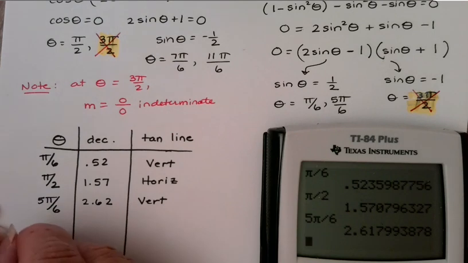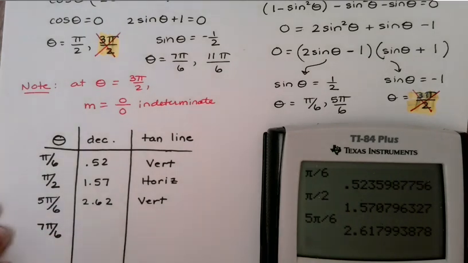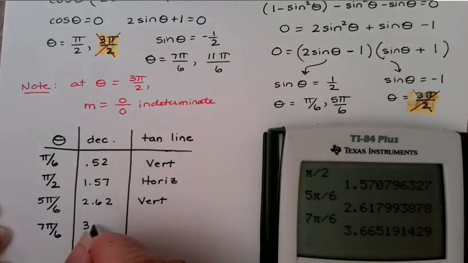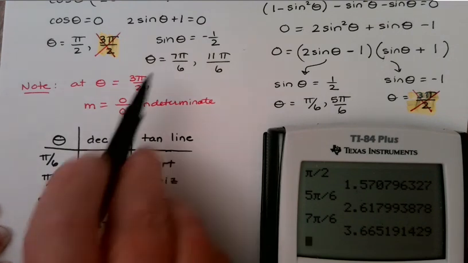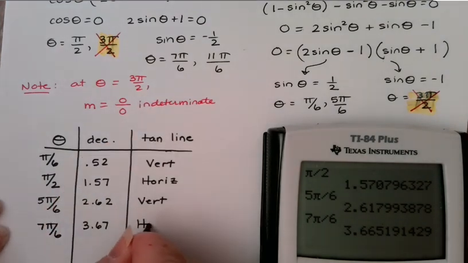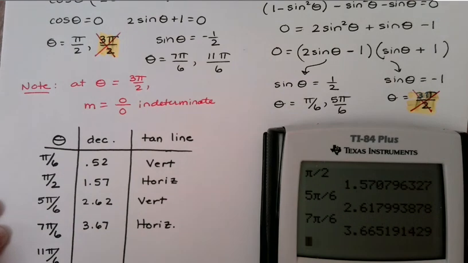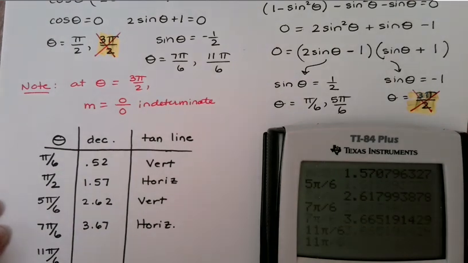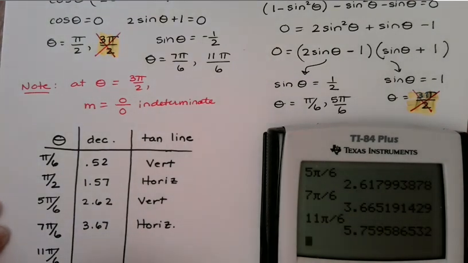The next one would be 7 pi over 6, about 3.67 on my calculator, and that was in the horizontal column. And then finally 11 pi over 6, decimal form about 5.76, and that one was also in the horizontal column.